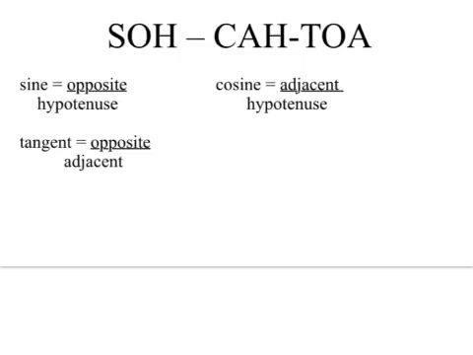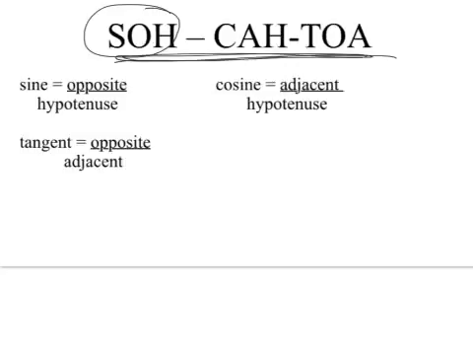So we're going to use this acronym at the top, SOHCAHTOA, is how you pronounce this. This is the acronym that we're going to use to help us remember which lengths to use to write our ratio for sine, cosine, and tangent. For sine, we're going to look at the SOH, so we use opposite over hypotenuse.